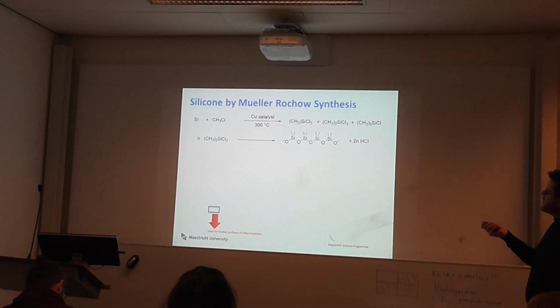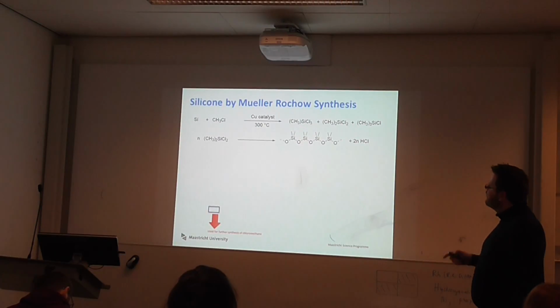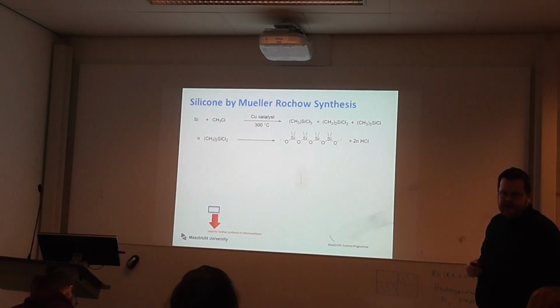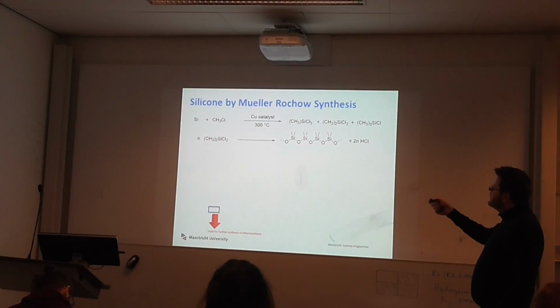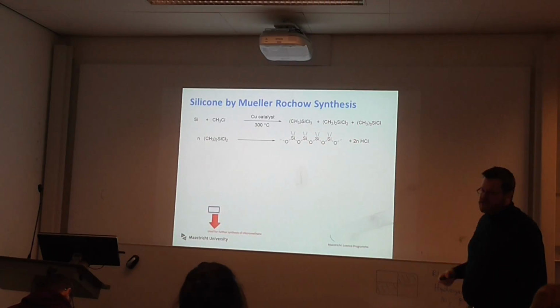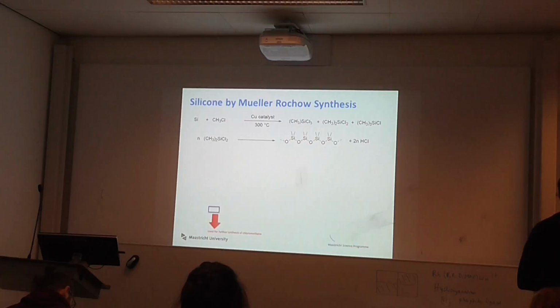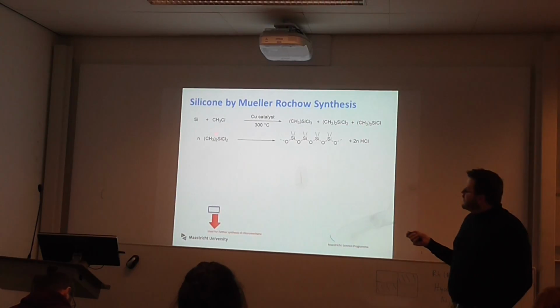Now, these products are not all so useful. The one that is in fact used in the synthesis of silicone is this guy here, dichlorodimethylsilane. Via distillation, you can purify this mixture generated from the Müller-Rochow synthesis and isolate that.